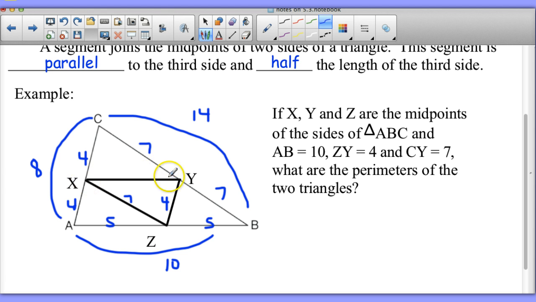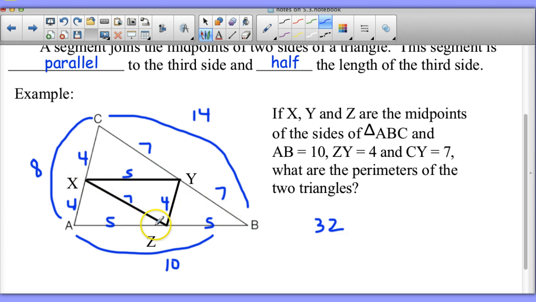And the very last segment, XY, I know XY is half of AB, so I know that XY is 5. And the question here is, what are the perimeters of our two triangles? Well, let's see, the perimeter of my big triangle is 8 plus 14 plus 10. That would be 32 for the big triangle.